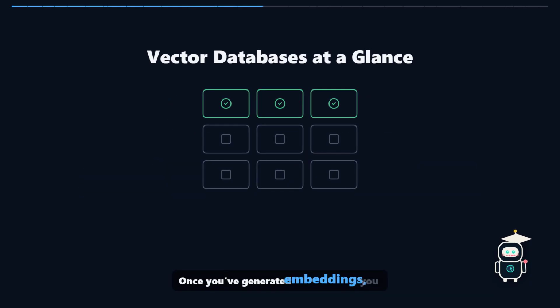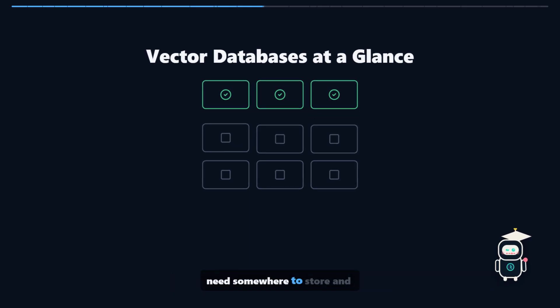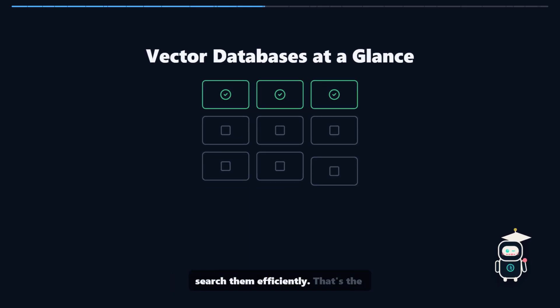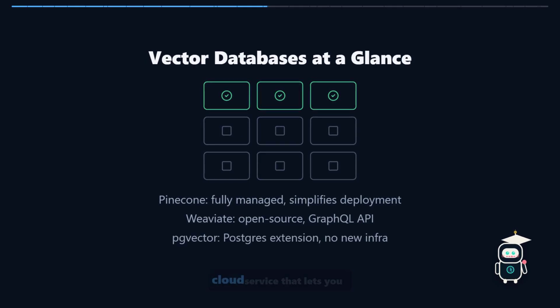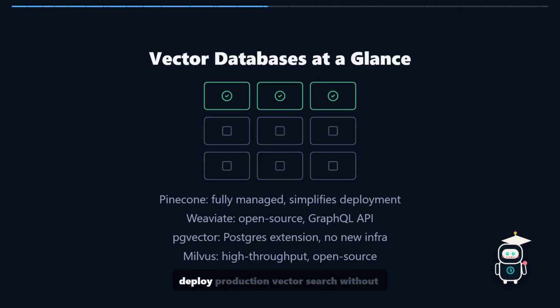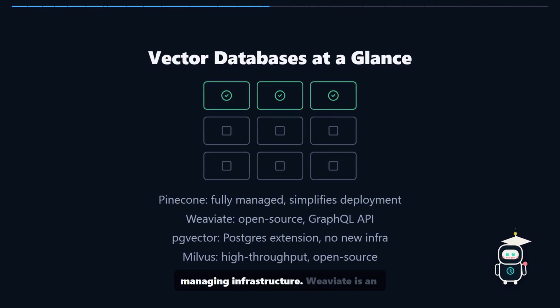Once you've generated embeddings, you need somewhere to store and search them efficiently. That's the role of a vector database. Pinecone is a fully managed cloud service that lets you deploy production vector search without managing infrastructure.